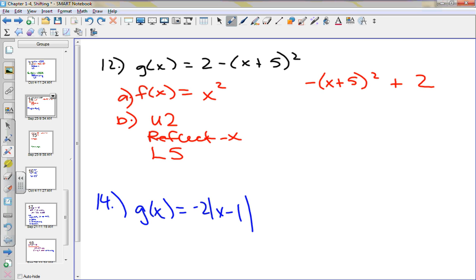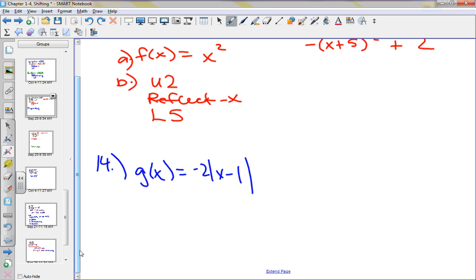Now look at number 14. What is its parent function? F of x equals the absolute value of x. There's my parent function. Now part B, what was the transformation? Read it from left to right. What's the negative do?